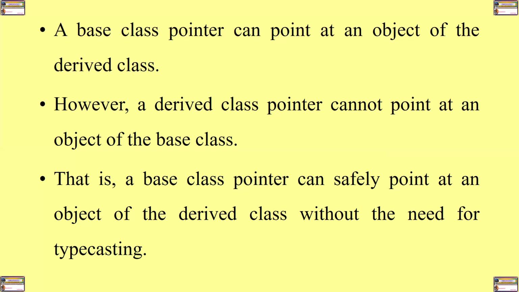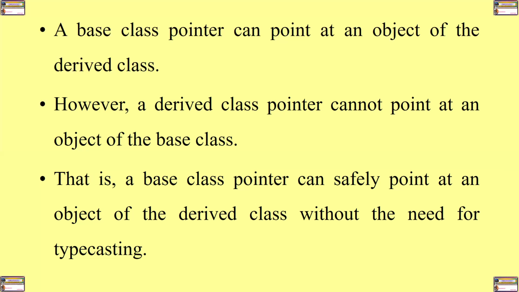And therefore, when we talk about pointers in relation to object-oriented programming, in reference to base classes and derived classes, we are saying that a base class pointer can point at an object of the derived class. However, a derived class pointer cannot point at an object of the base class.